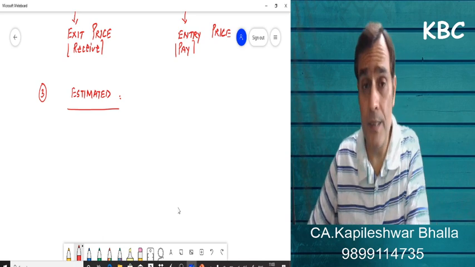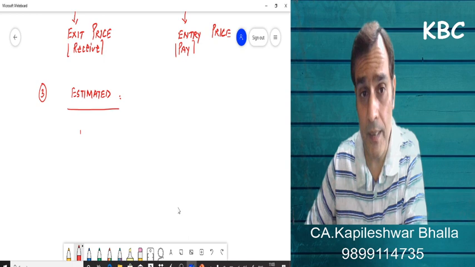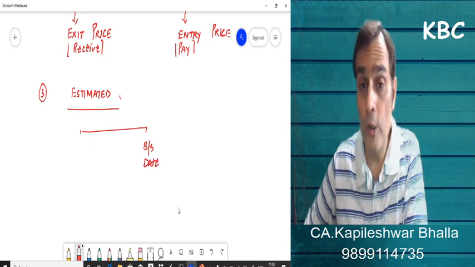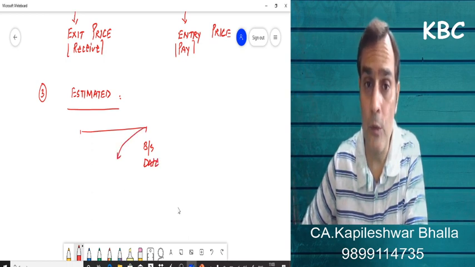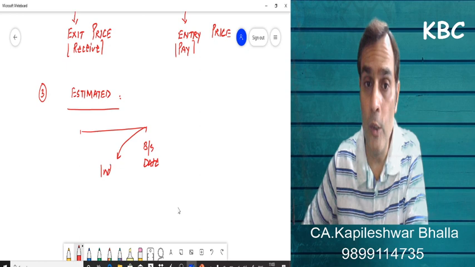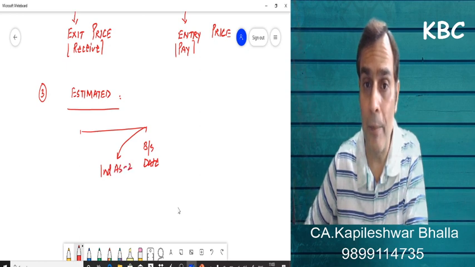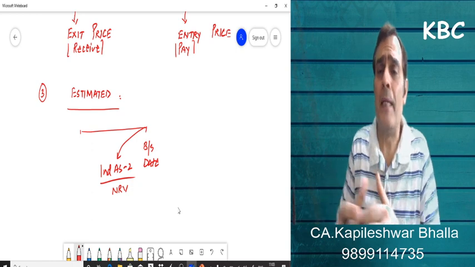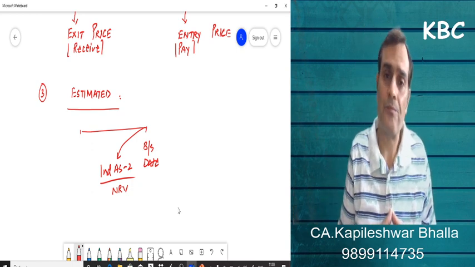Now, the obvious answer is, if I were to make a time scale, let's say this is the balance sheet date, and we all know that we are looking at the inventory valuation. We're looking at the measurement principles on the balance sheet date. So you would say that we need to determine the NRV on the balance sheet date. Agreed.